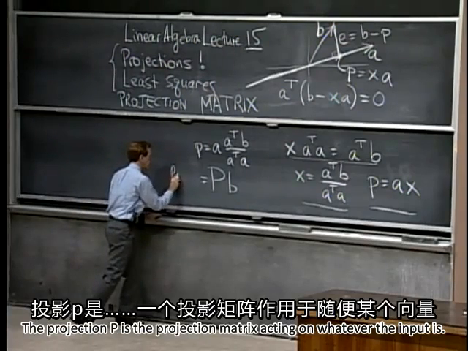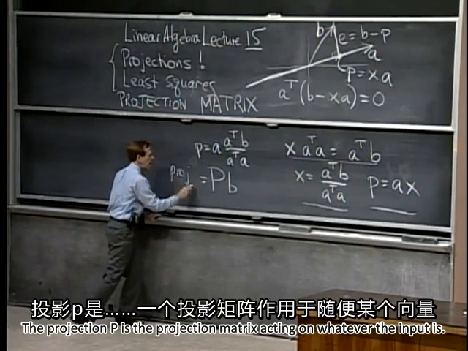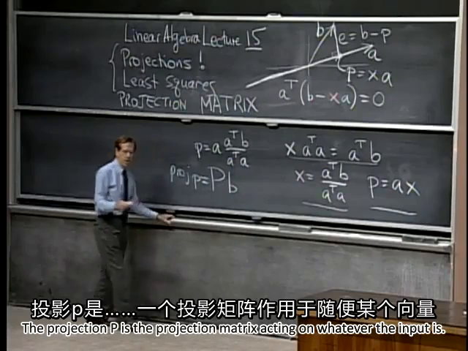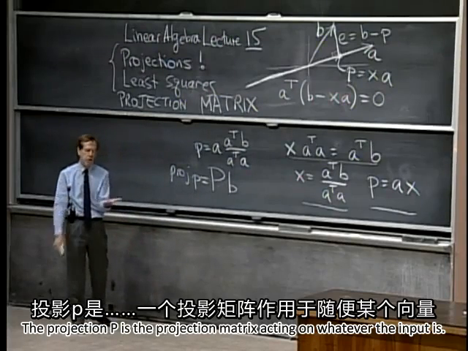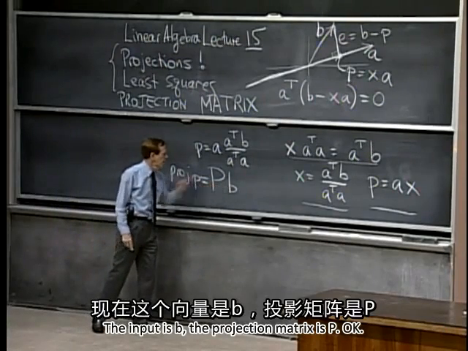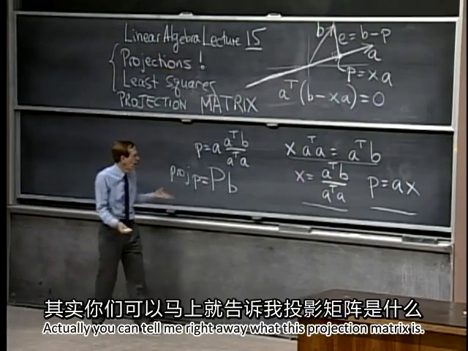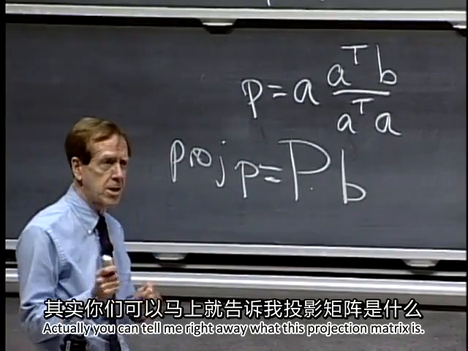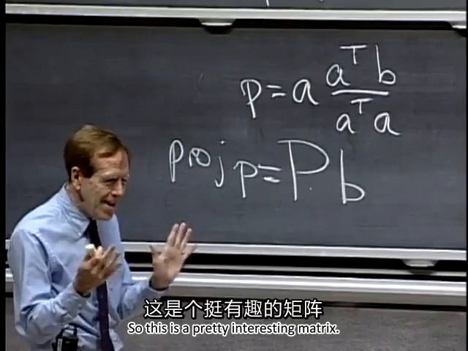The projection P is the projection matrix acting on whatever the input is. The input is B, the projection matrix is P. Okay, actually, you can tell me right away what this projection matrix is. So this is a pretty interesting matrix.